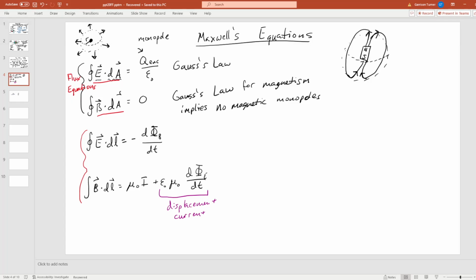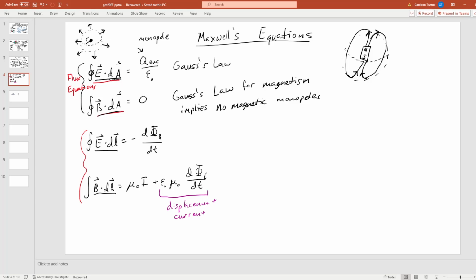Here you have E dot dA, here you have B dot dA, here you have E dot dL, and here you have B dot dL. So the entire issue is, how do these fields behave around surfaces, and how do these fields behave around closed loops? Now, I should specify, when we say how these fields behave around surfaces, we mean closed surfaces.